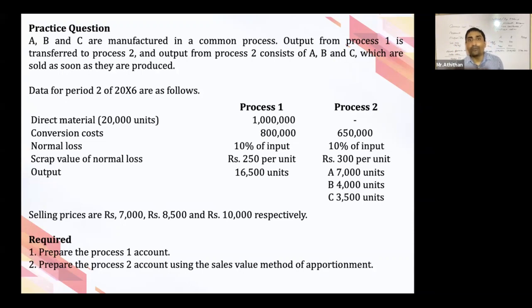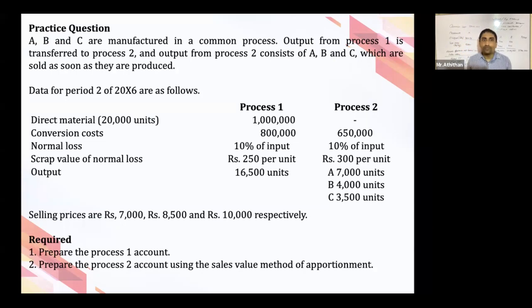And output from process 2 consists of A, B, and C, which are sold as soon as they are produced. Right? So A, B, and C இந்த மூன்றுமே process 2 உண்ட output இருக்குது. உற்பத்தி செய்த உடனே விற்பனை செய்யப்படுது. So they are immediately sold once they are released from the process. That means no further processing separately.